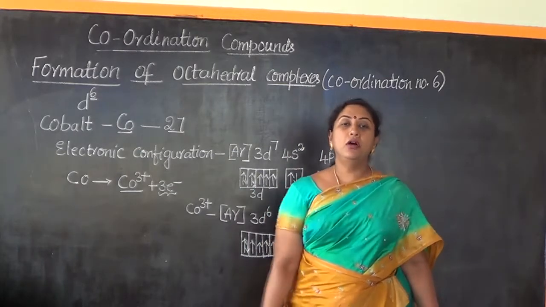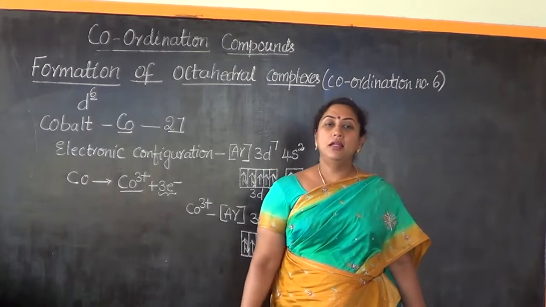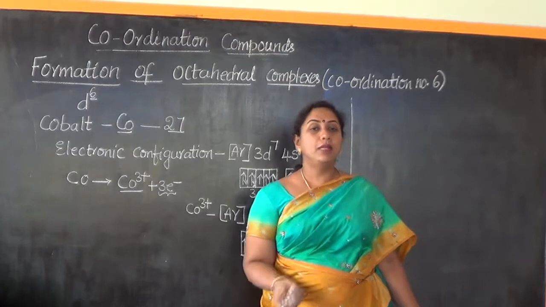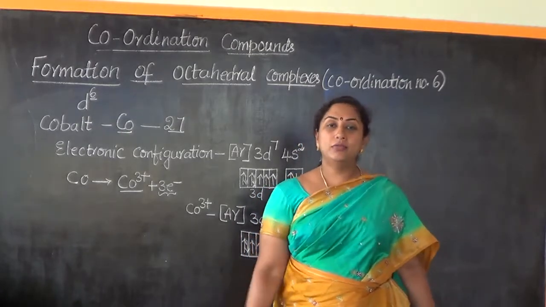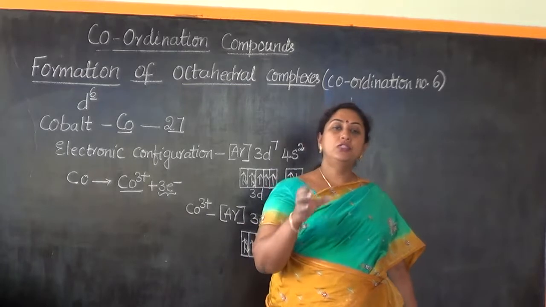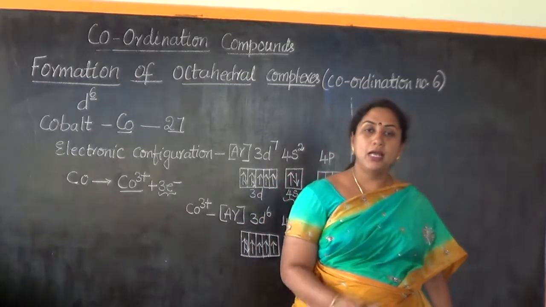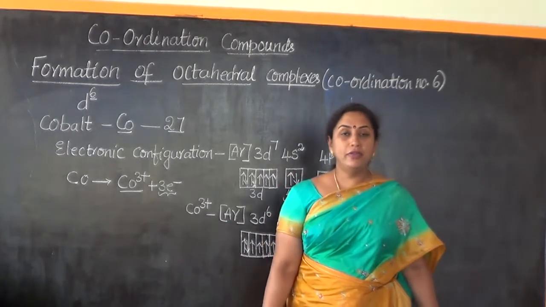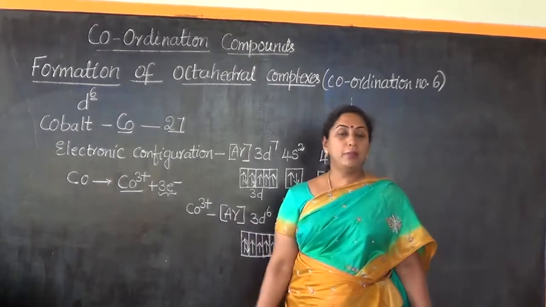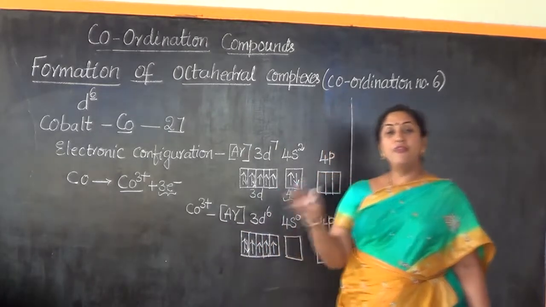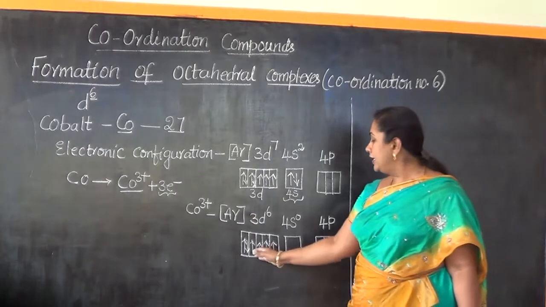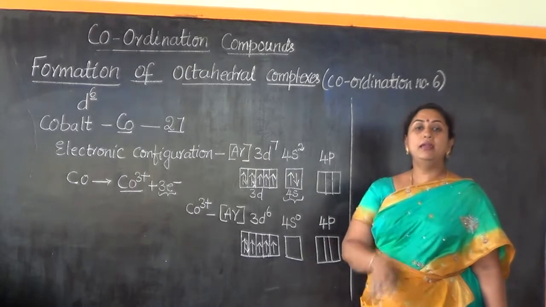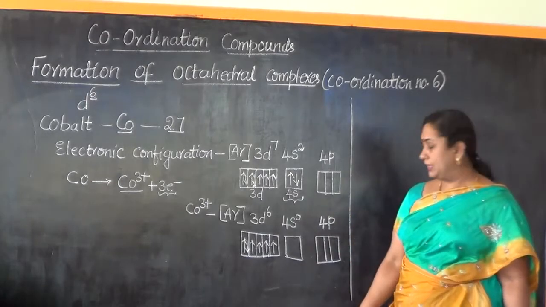Now it depends on the type of the ligand that will be approaching the cobalt 3 plus ion for the complex formation. If a strong ligand approaches which has large bonding energy, then it will have a different effect on Co3+ altogether. It will force the pairing of these unpaired d electrons and then will create a definite number of vacant orbitals.